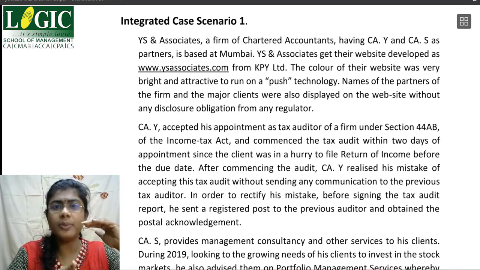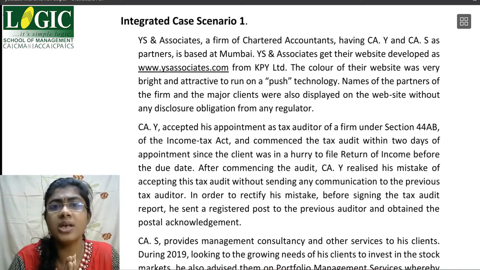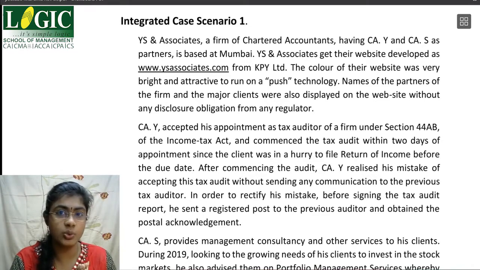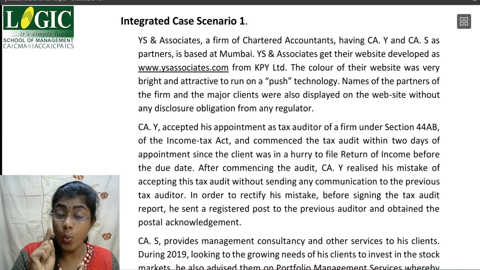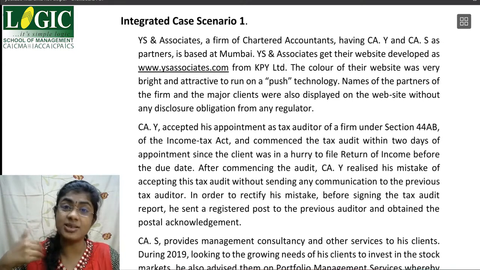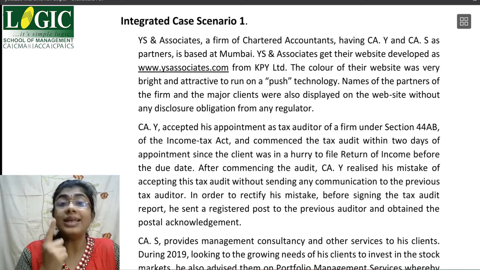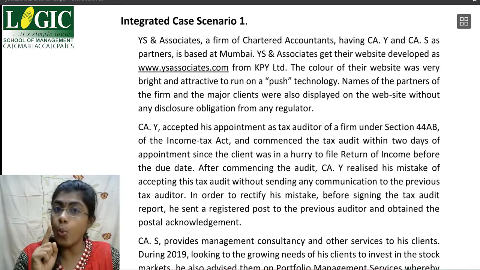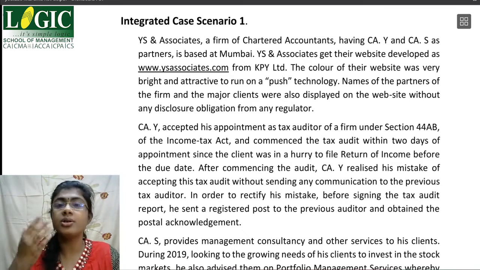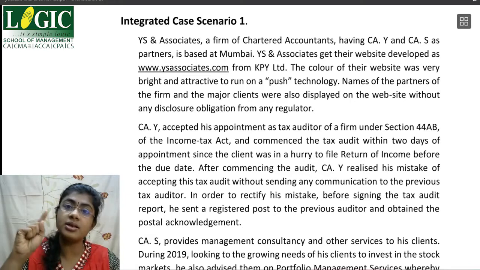It will be a big passage, or rather a case study, followed by 5 MCQs. For one case study question, you will have 5 MCQs. Each MCQ will be for 1 mark. So 5 MCQs, 1 mark each. So that will be 5 marks for one particular integrated case study.